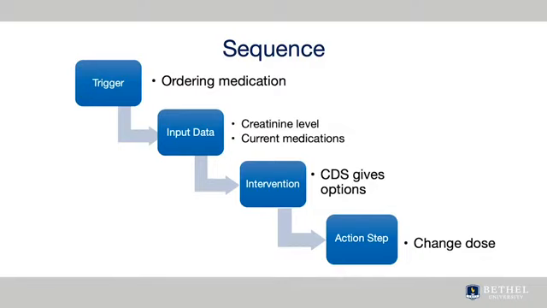In this case, the suggestion could be to choose a different dose because of the age or creatinine level, or to choose a different antibiotic because of its interaction with other medications the patient is taking. The action step would be what the provider decides to do based on the suggestions provided.